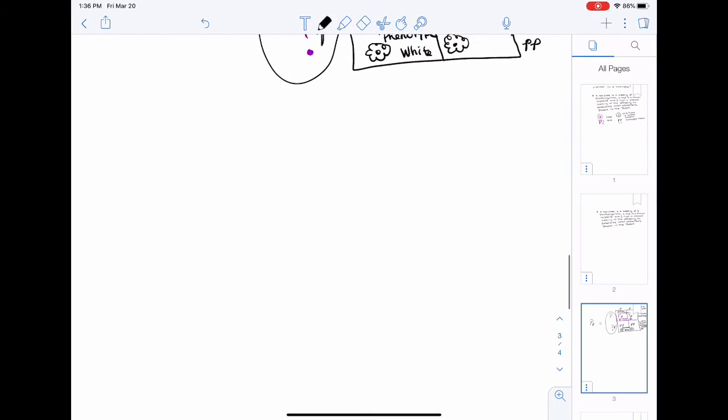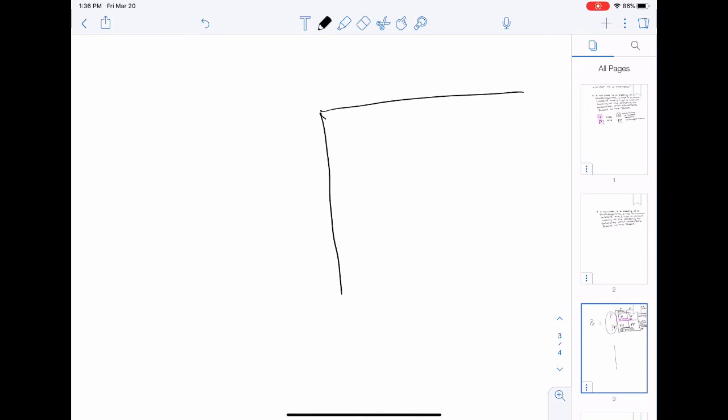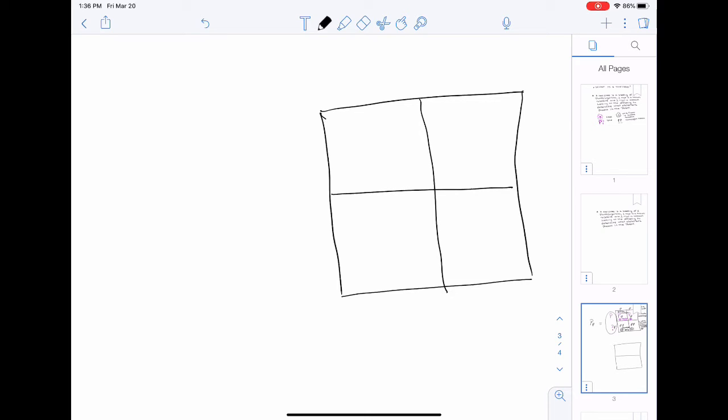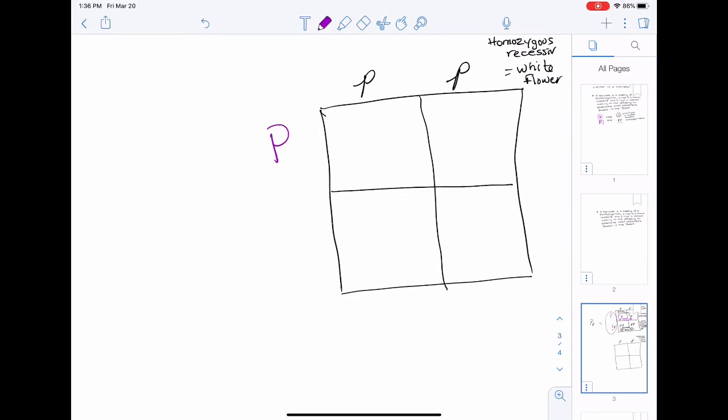However, remember, he knows he's using this homozygous recessive as his test cross. So again, we have little p up here, and this is our white flower, which is homozygous recessive. And we know for sure we have one purple gene in this purple plant.